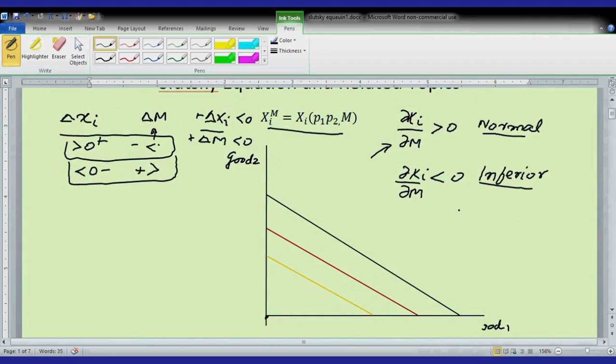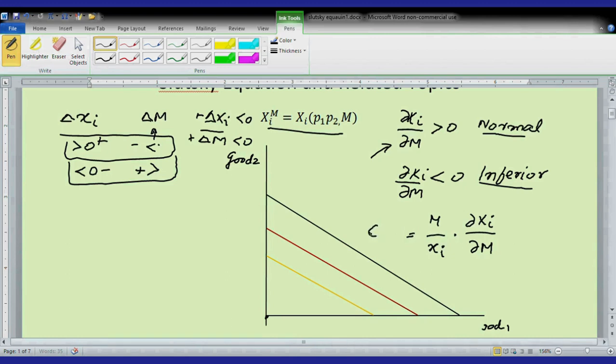Now see that if I again write this derivative, ∂xi/∂m, that is the derivative of the marginal demand function for the ith good with respect to income, and if I multiply this derivative by m over xi, I get the elasticity of good i with respect to income.